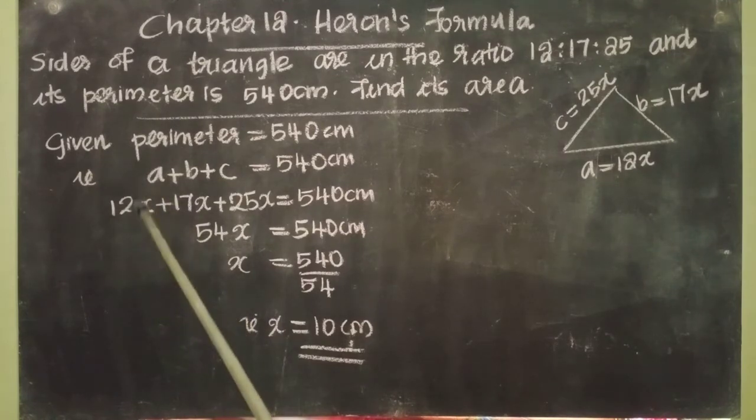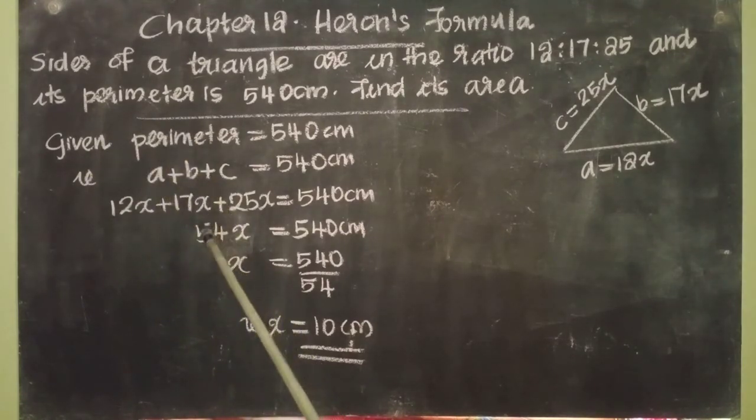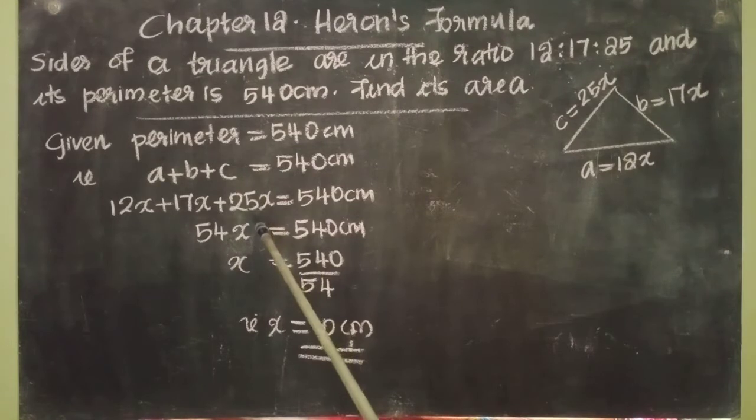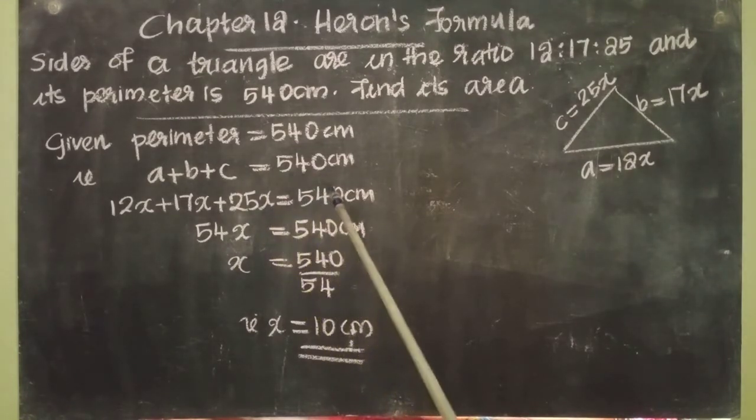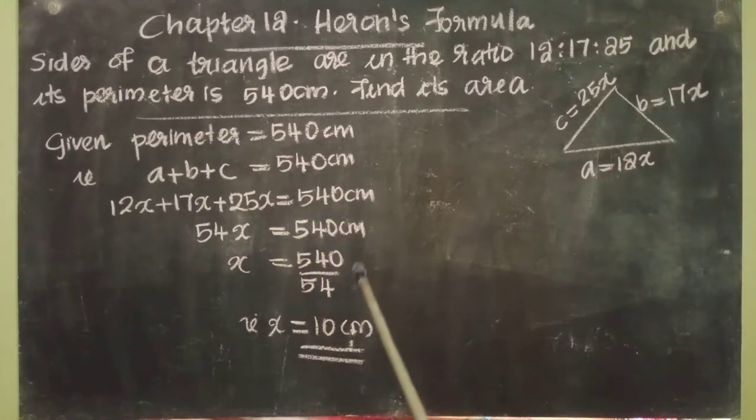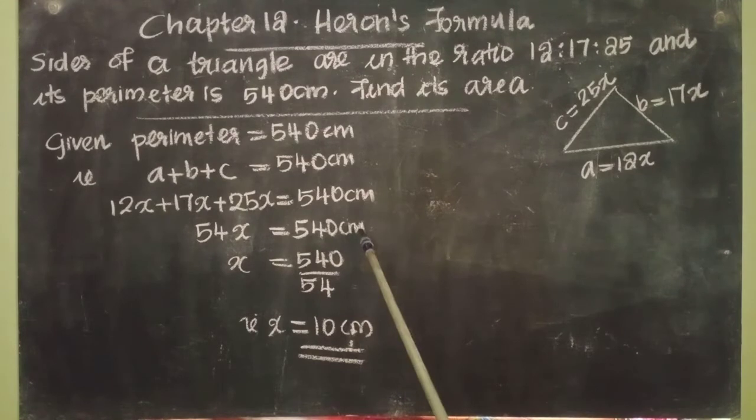That is 12x plus 17x plus 25x equal to 540 centimeter. That is 54x equal to 540 centimeter. x equal to 540 divided by 54. That is x equal to 10 centimeter.